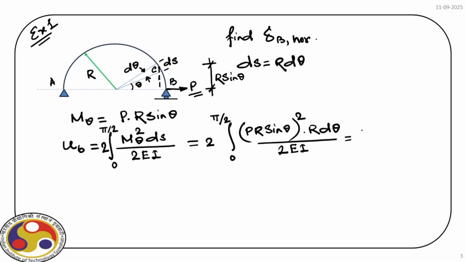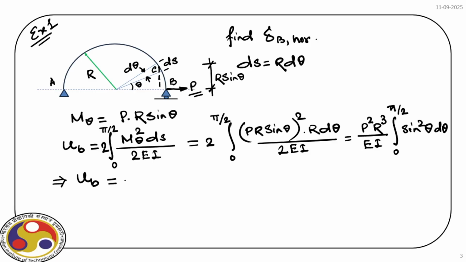So then if you simplify, we have P square R cube divided by EI, then the integral from 0 to pi by 2 of sine square theta d theta. Now if we complete this integration, we get the total bending strain energy as P square R cube divided by EI times pi by 4.